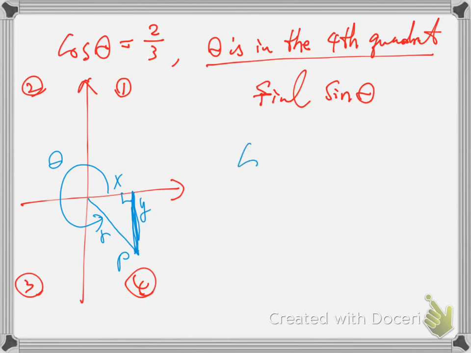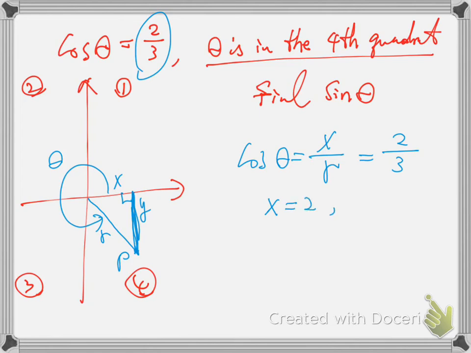So what is cosine? Cosine theta, by definition in a right triangle, is the adjacent over hypotenuse, and the given number is 2 over 3. So we know x is 2, r is 3. So now what is y?